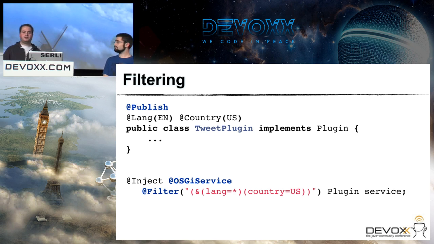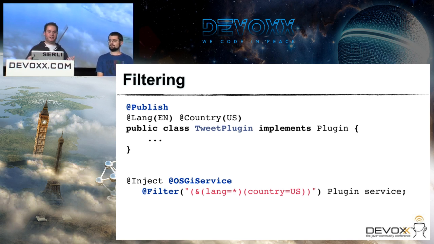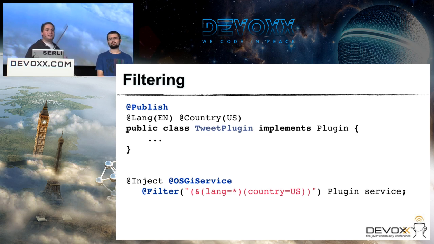We can also be more specific about what we want to inject. So we can use the @Filter annotation to do that. You have to know that when you publish an OSGi service, you can publish some metadata for this service and query this metadata with an LDAP filter.